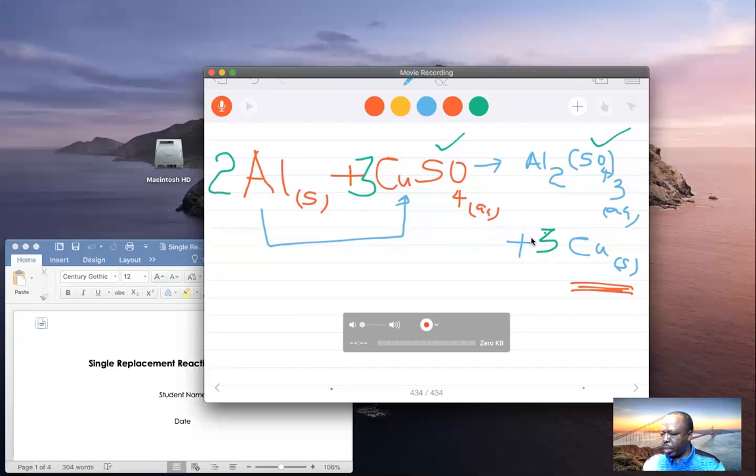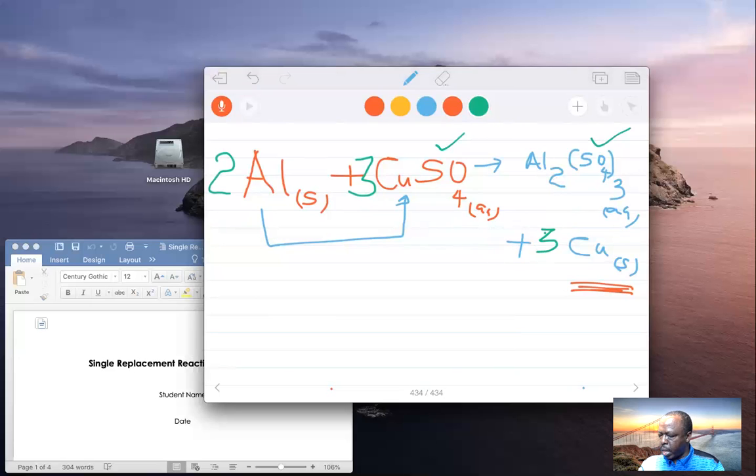So the mole ratio here is 2 for aluminum to 3 for copper 2 sulfate to 1, you don't see anything here, but 1 for aluminum sulfate and 3 for copper. That is how you write the mole ratio. We need this in order to determine the limiting and excess reagent.